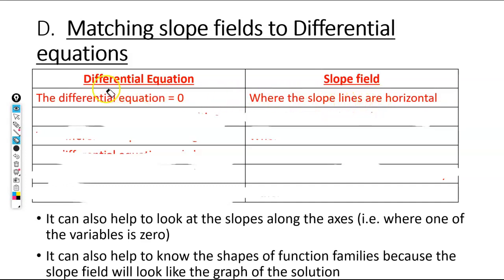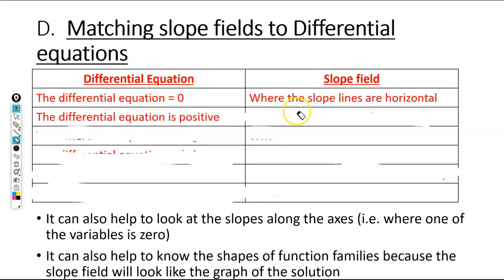So whenever you're looking at your equations and slopes and trying to match them up to see which one goes with which, just ask yourself, well, what's going to make this equation equal 0? Oh, well, that'll equal 0 if x equals 2. Okay, so let's look on our slope field and see which of these slope fields has a 0 slope when x equals 2, right? That's one thing you can look for.